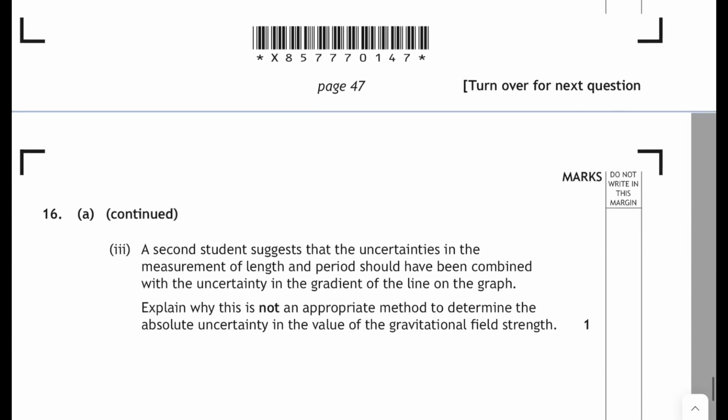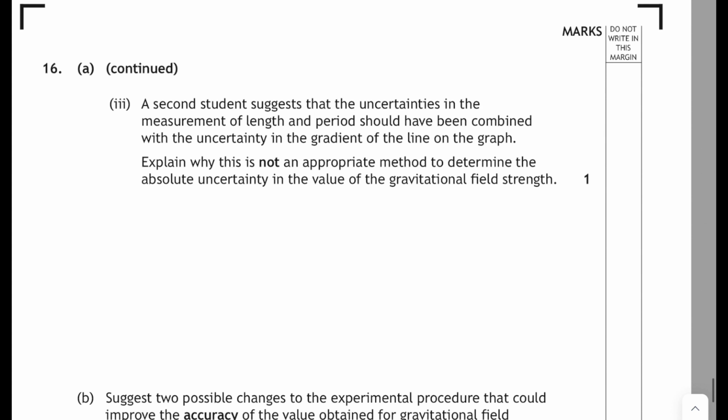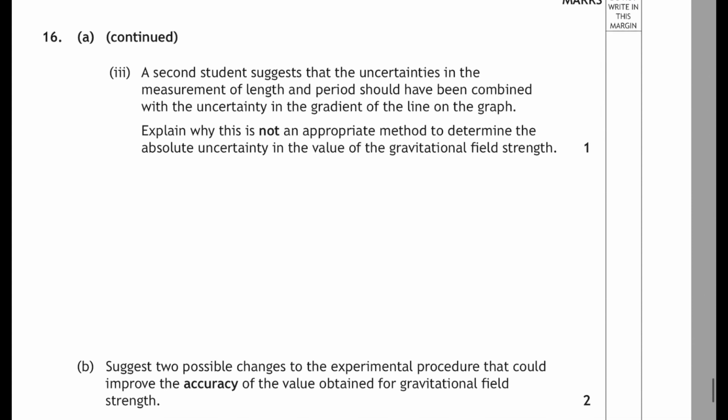Okay, moving on, 16A part 3. A second student suggests that the uncertainties in the measurement of length and period should have been combined with the uncertainty in the gradient of the line on the graph. Explain why this is not an appropriate method to determine the absolute uncertainty in the value of the gravitational field strength.